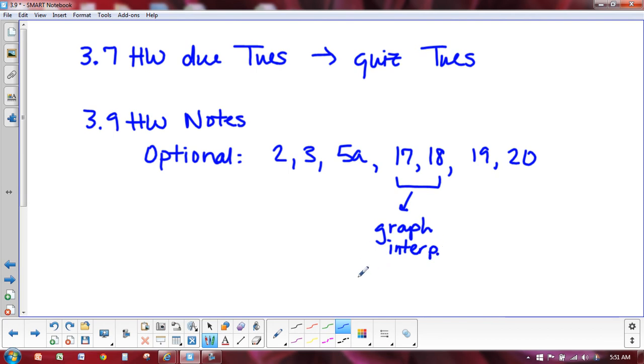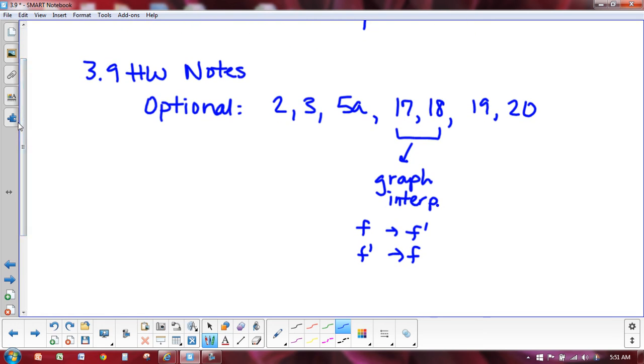And then 19 and 20. 19 is on optimization, so like 3.7, and 20 is on related rates, so back last unit, 2.6. Again, you really need to do those as you study for midterms because you struggled with related rates, and then optimization word problems are new.